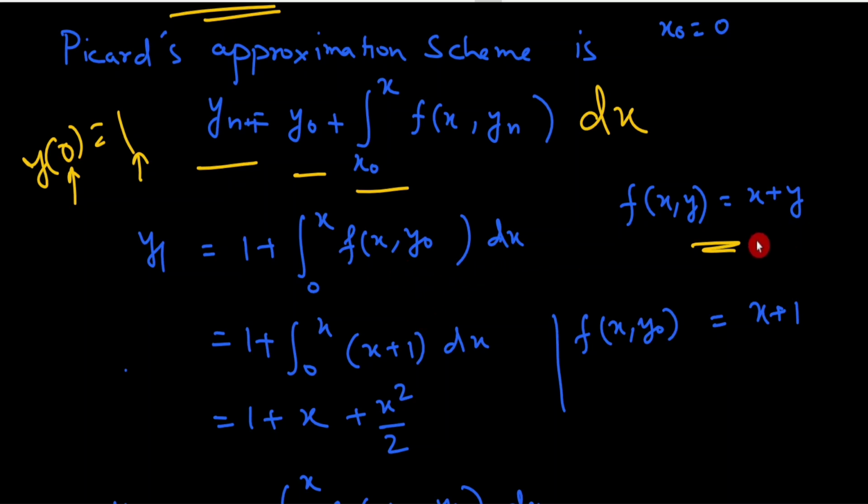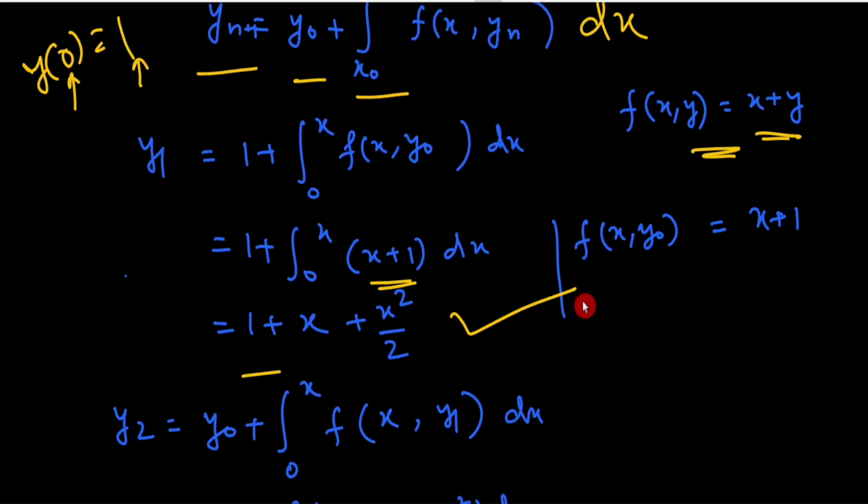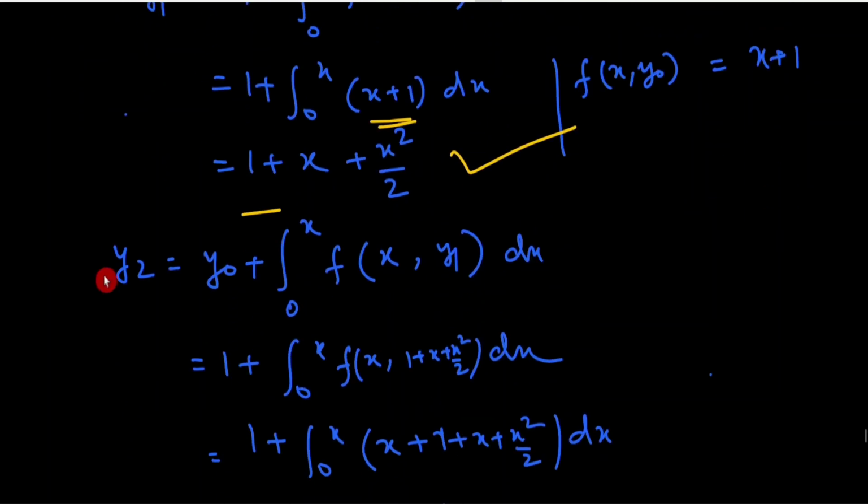Since f of x y equal to x plus y, therefore f of x y0 means f of x 1 equal to x plus 1. So put the value of f of x 1 equal to x plus 1 here and simply integrate, we get y1 equal to 1 plus x square by 2. Now going to the second approximation, y2 equal to y0 plus integration 0 to x f of x y1 dx.